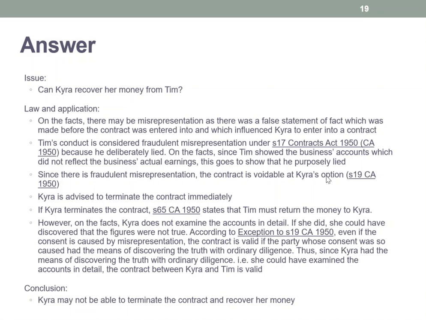Over here, if Kiara had examined the accounts in more detail, she would have known the truth. Since Kiara had the means of discovering the truth through ordinary diligence, i.e. she could have examined the accounts in detail, the contract between Kiara and Tim is valid. If so, Kiara may not be able to terminate the contract and get back the money.